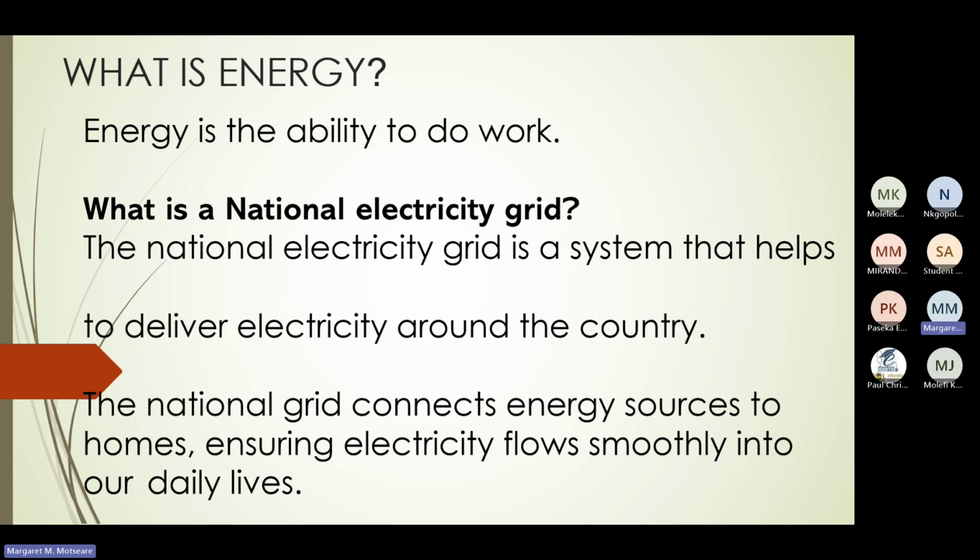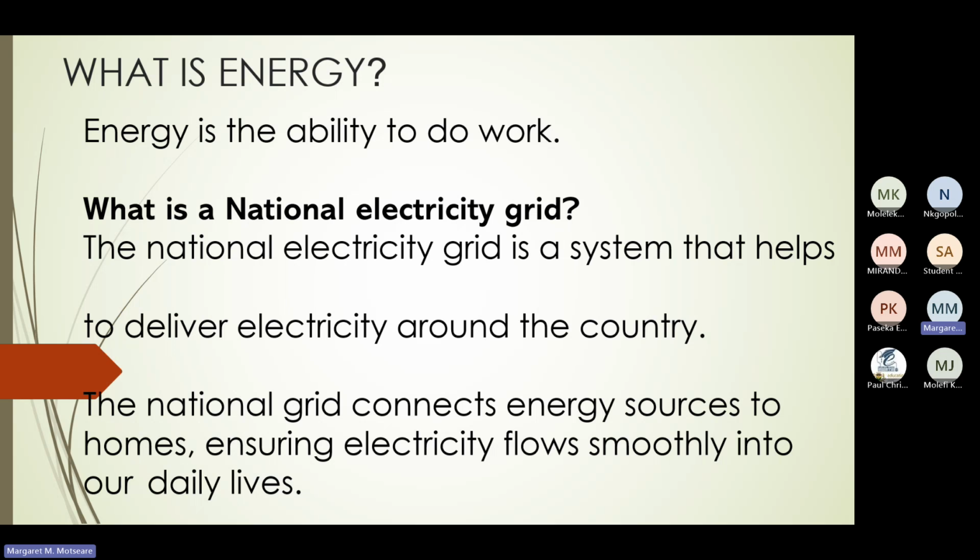Then let's look at the national electricity grid and explain it. The national electricity grid is a system that helps to deliver electricity around the country. Each and every household needs electricity in order to cook, in order to do daily duties.